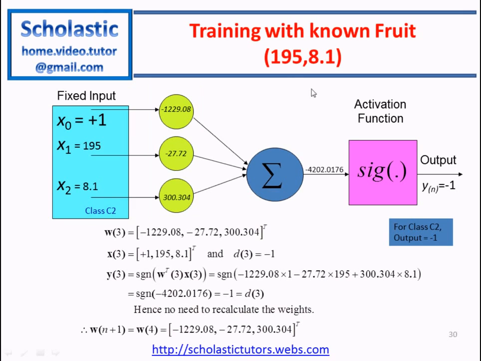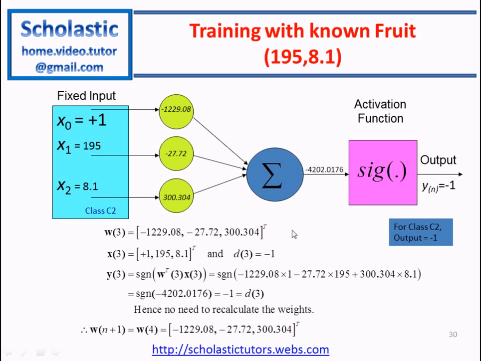Okay, now go to the last fruit that we had in our table. This is the fourth fruit, which belongs to class 2 again. These are also known fruits, so we need to calculate this one. We send it through the weight vector here, and then calculate the output of the summation, which comes to a negative value.